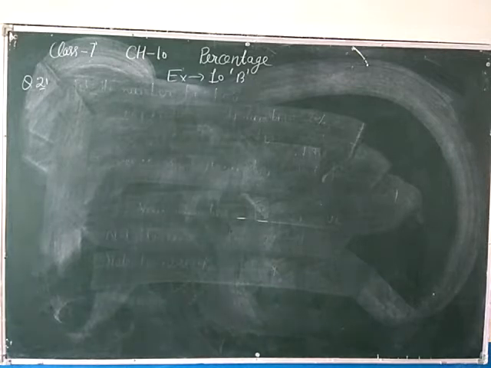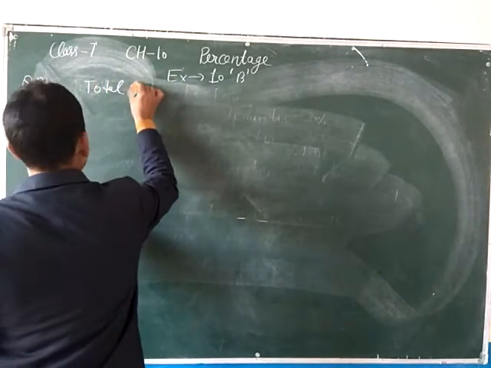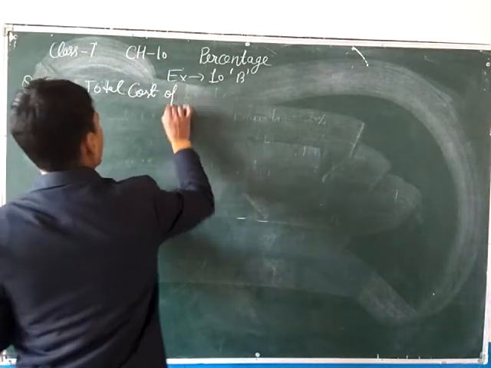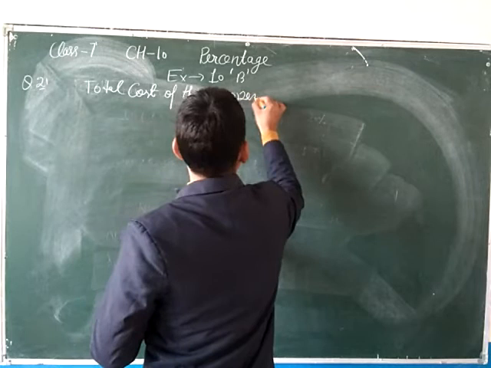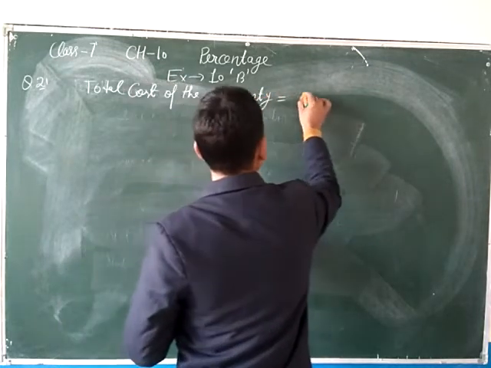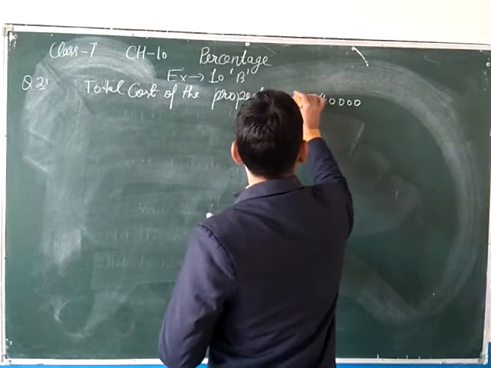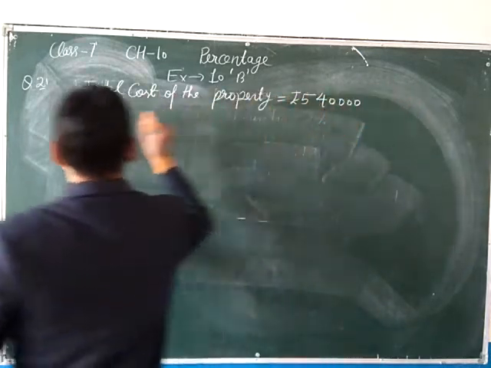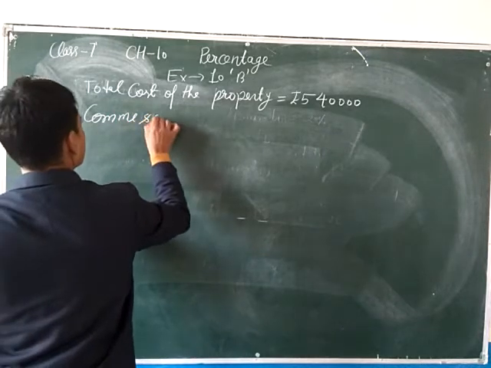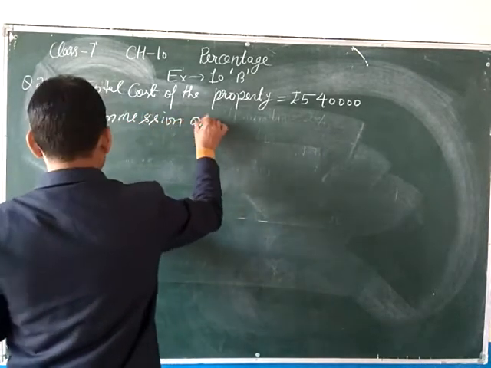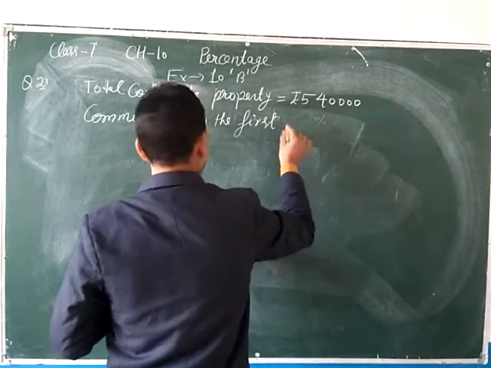Okay, so see, total cost of the property equals 5,40,000. This is given. So you will write, commission on the first 2 lakh.